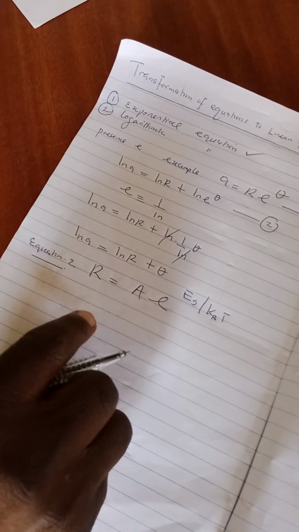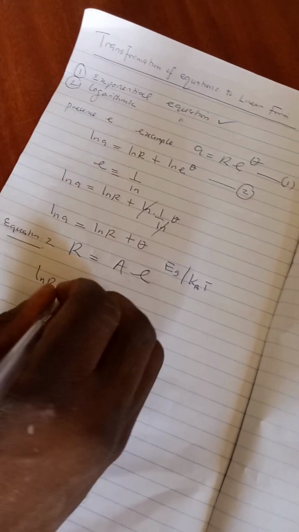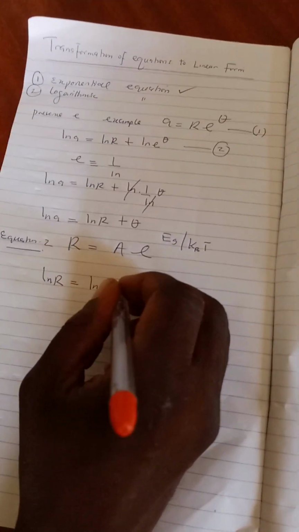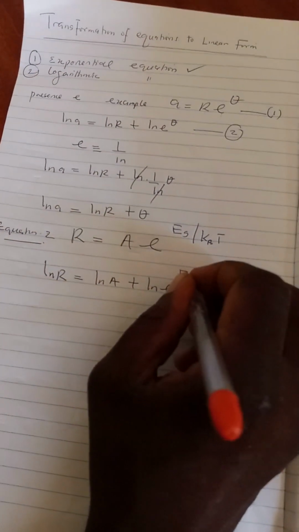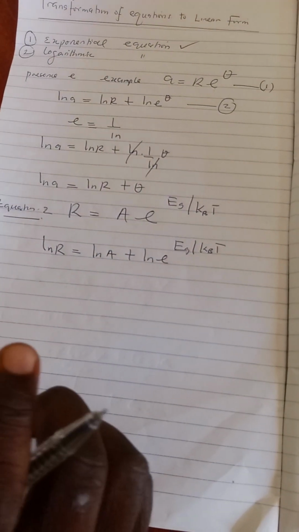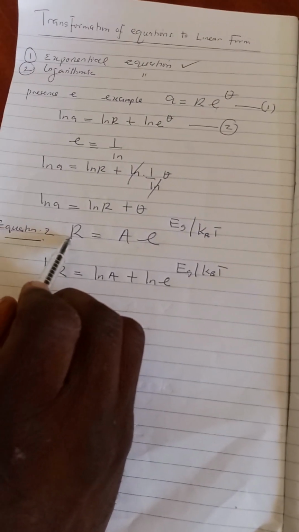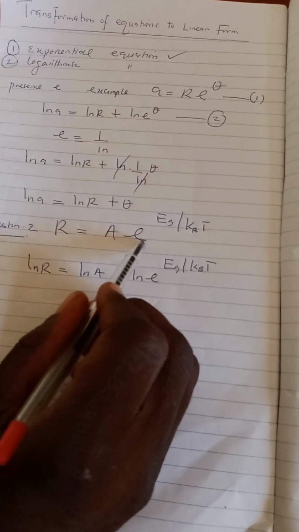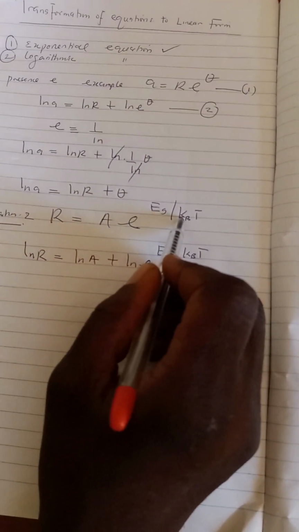So we will apply ln also to it, so that we have ln R is equal to ln A plus ln e to the power Eg over kBT. One unique feature is that we are introducing ln to all the alphabets that are on the numerator. We are not going to touch the alphabets that are powers.